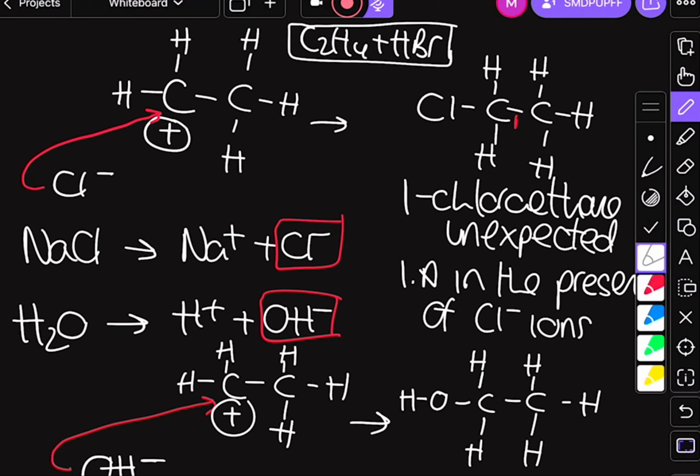So what have we made now if it's an OH group attached? In this case, we've made ethanol. And again, the reason for this is because we had ionic addition in the presence of OH minus ions, and again, ethanol would be an unexpected product. So I hope now that that makes you happier about our second ionic mechanism.